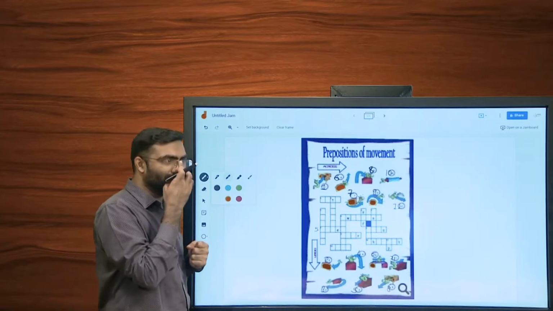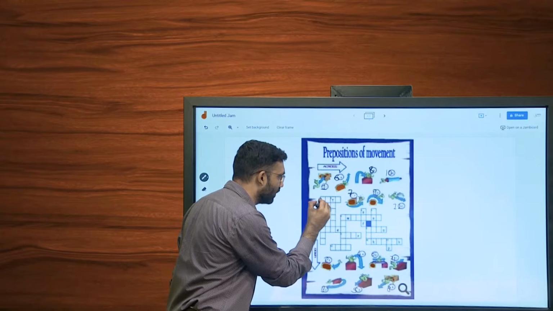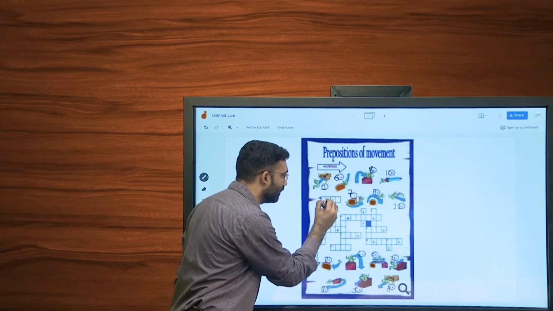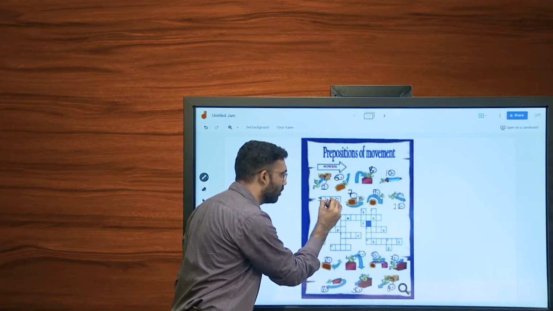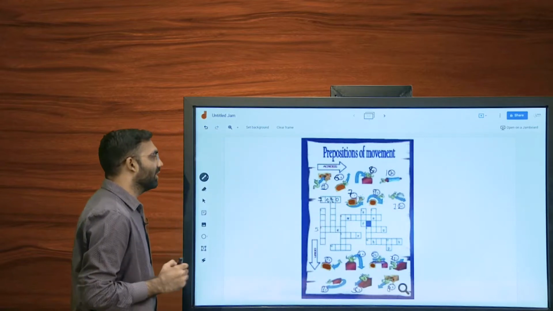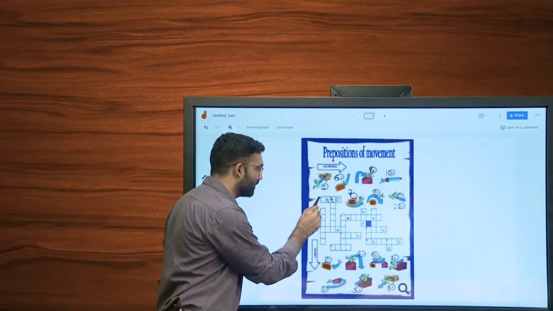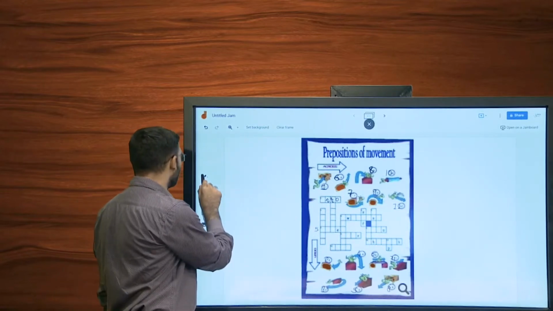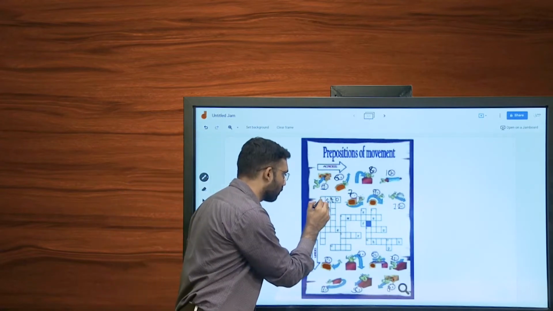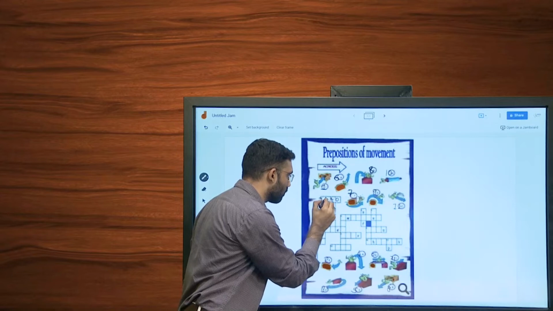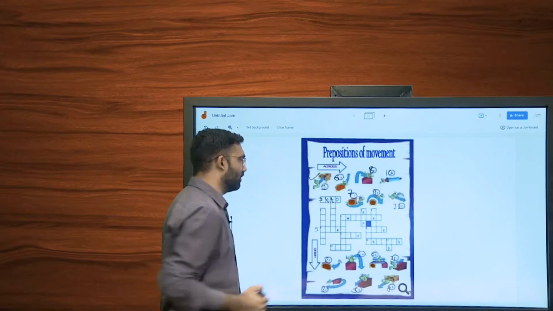Do you remember? It's into. We will write it here: I-N-T-O. P is already given. Let me rub this if the I is not properly visible to you. Alright, the first across is done.